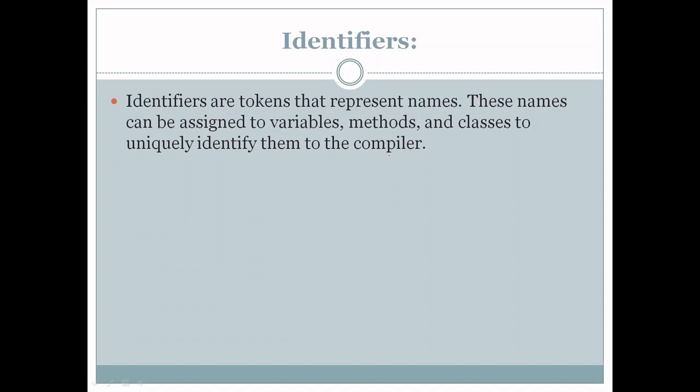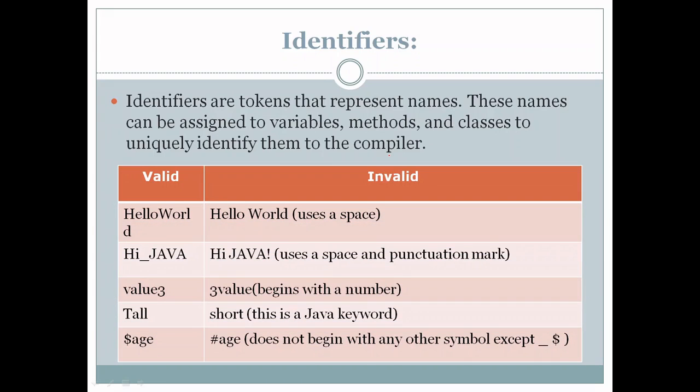So in general, in simple, I can say identifiers means simply names assigned to variables, functions, classes, etc. So we have certain rules while giving names to the variables or identifier. When you declare identifier, a name, we have certain rules. So this table shows you the correct or valid and invalid identifiers.